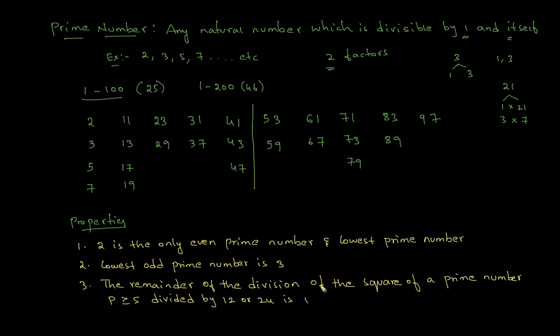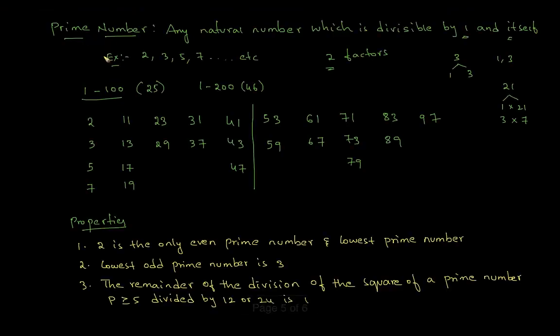What is the meaning of this? Right? I will explain that. The prime number greater than or equal to 5, it can be 5 also. Okay, we will take random prime numbers, greater than or equal to 5, not 2 and 3, right? So I take 5, 13, 31, right?